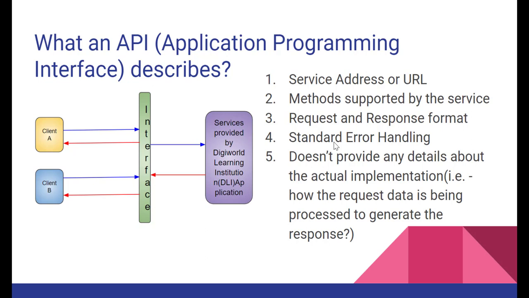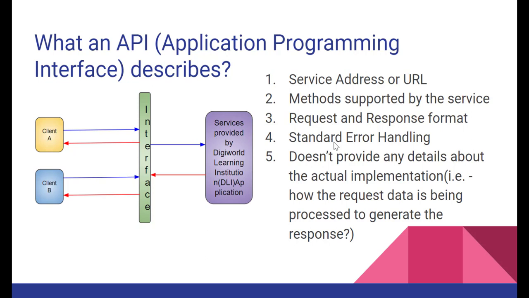In that case, the API will automatically generate some standard error and it will be sent as the response to the client. Okay, so this kind of standard error handling is also done in the API definition, or the interface level, right?